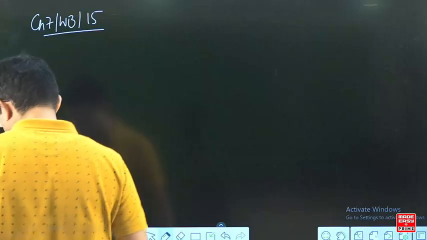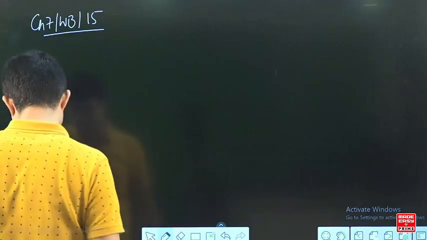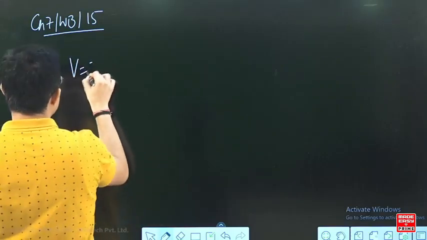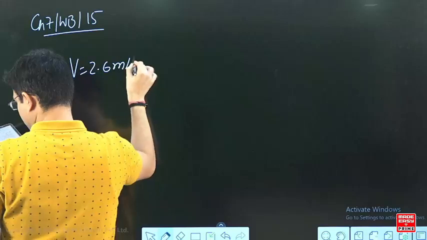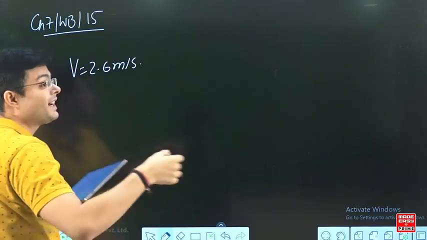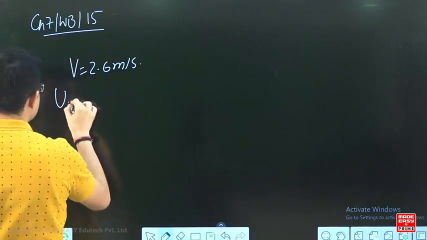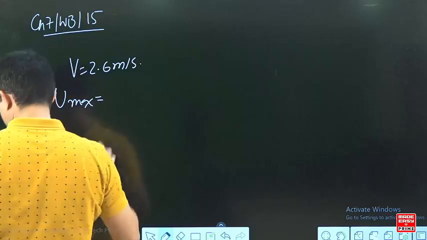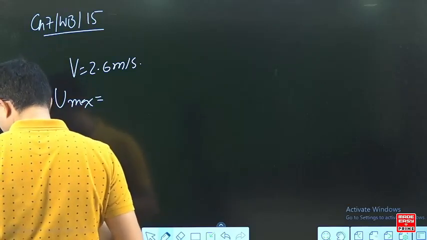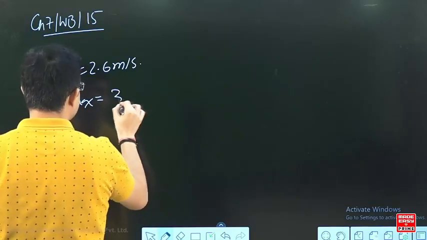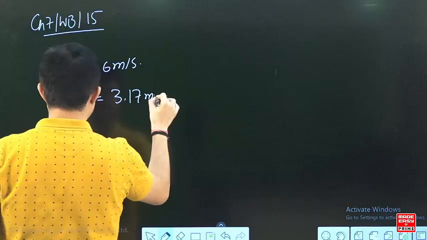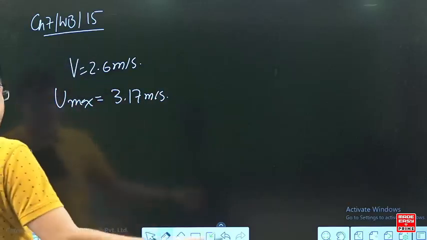So the velocity measurement in a rough circular pipe: average velocity is 2.6 meter per second. Center line velocity means what? U max. So U max is given as 3.17 meter per second. He is asking you the friction factor.